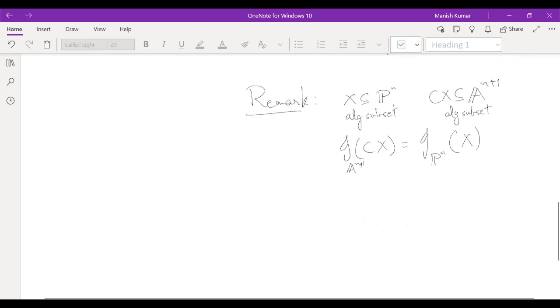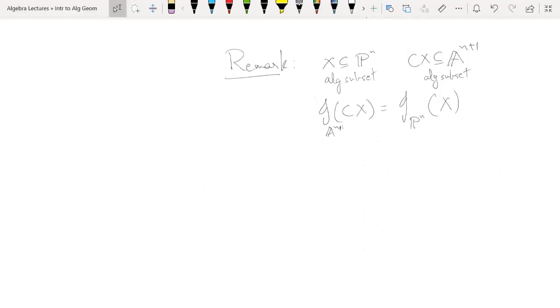So if Y contained in E^(n+1) is a cone, then Y is given by some homogeneous ideal.